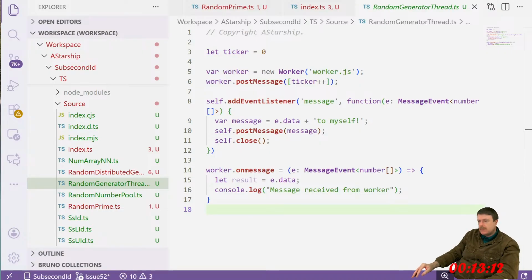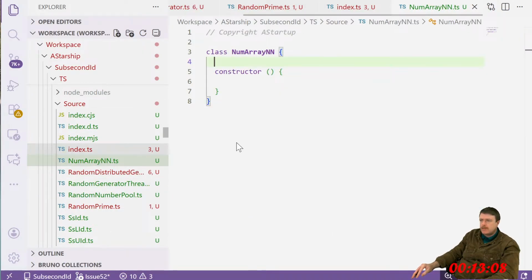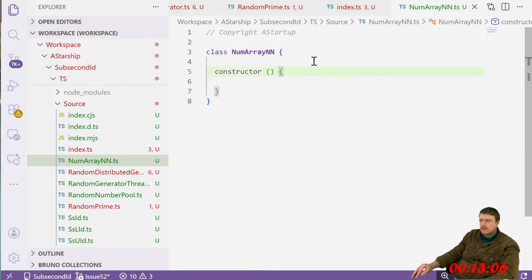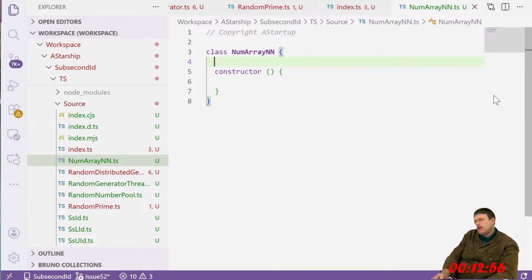So I've got a number array, and what do we have?